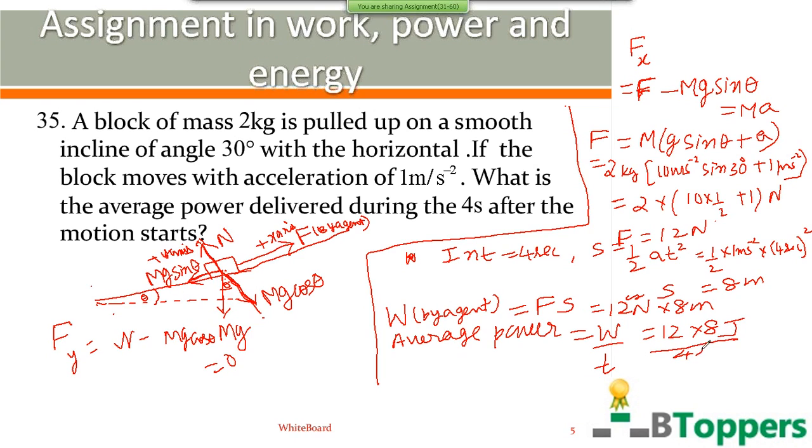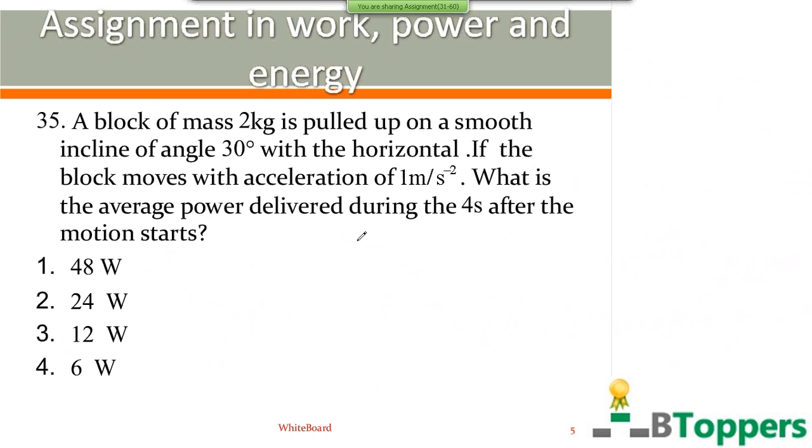The time interval is 4 seconds. That will be 24 watts. If you want to copy down the solution of the problem, you can take a pause and copy it down. So for the 35th question, you get the second option as the answer.